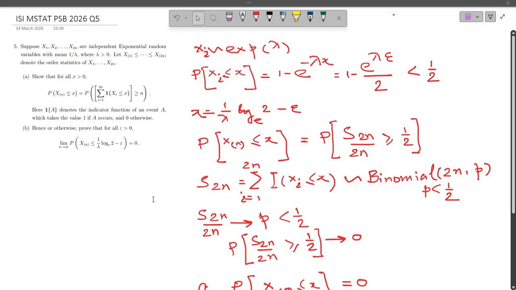So S2n/2n converges to p, which is less than half. But X(n) ≤ (1/lambda) log_e 2 minus epsilon is the same as S2n/2n ≥ half.